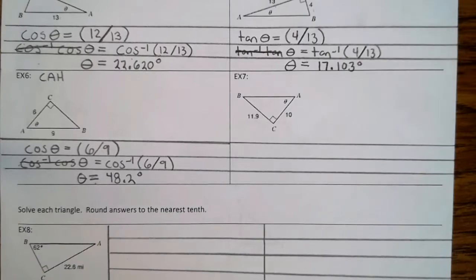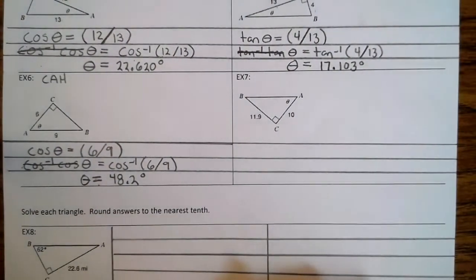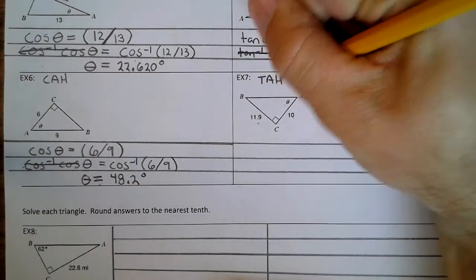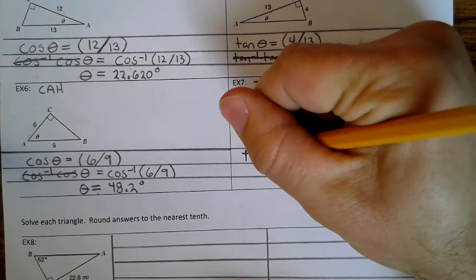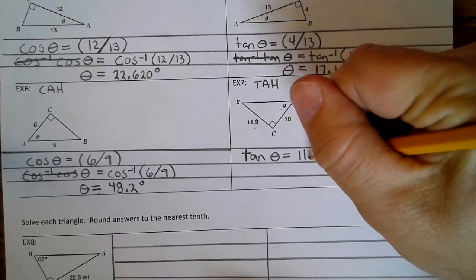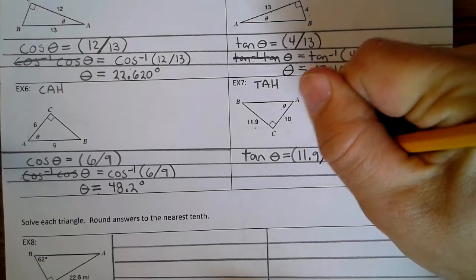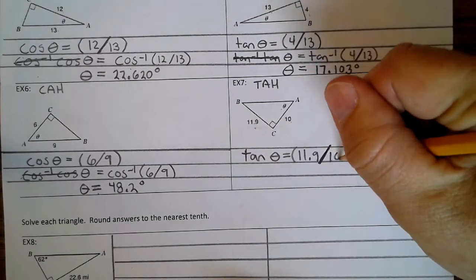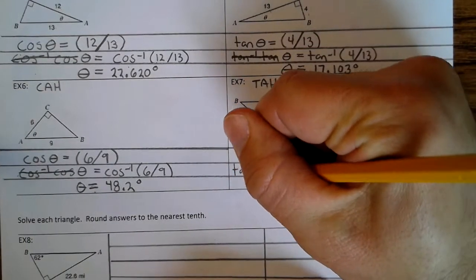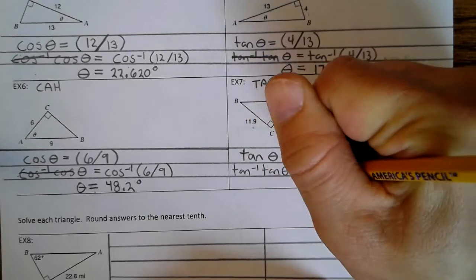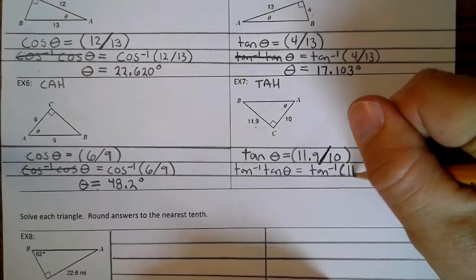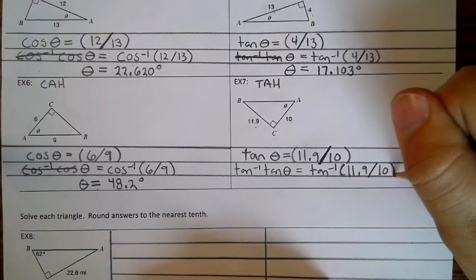All right, now let's take a look at example 7. It looks like we have opposite over adjacent, so TOA, so tangent. So tangent of theta equals opposite, which is 11.9, divided by 10. So we take tangent inverse of both sides. So tangent inverse of tangent of theta equals tangent inverse of 11.9 divided by 10.